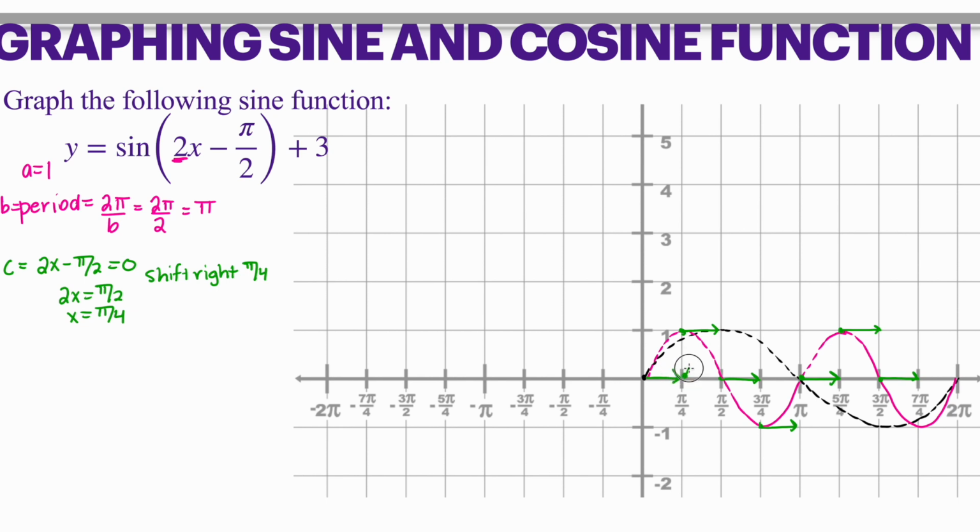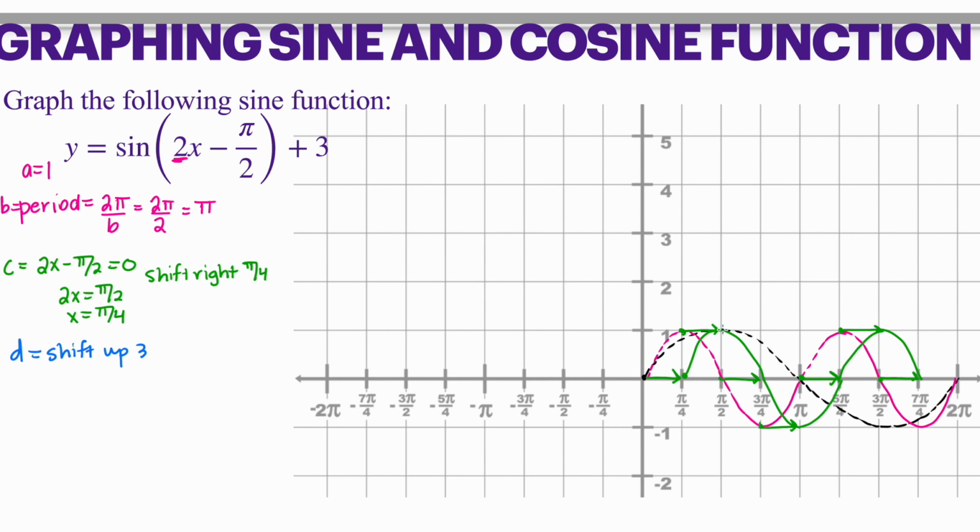So it's going to go here, to that arrow, to that arrow, to that arrow. And last is D, which means it is going to shift up 3.